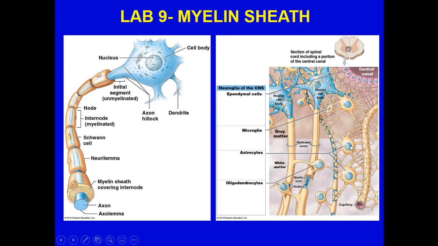Astrocytes are a little different. They have these extensions, pseudopodia, that wrap around capillaries. And then they also wrap around neurons, particularly on the axonal area. Let's get to the axons that actually make up the white matter. Gray matter, remember, is unmyelinated, and it's cell bodies for the most part.